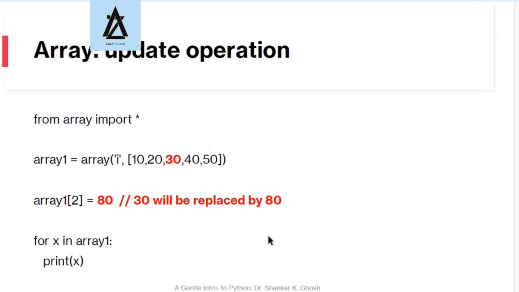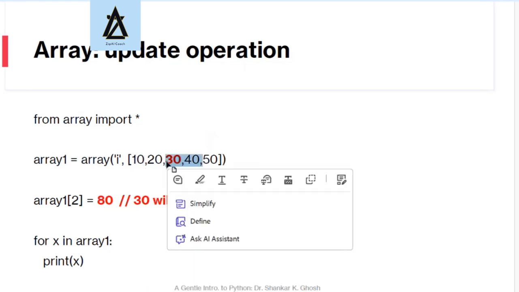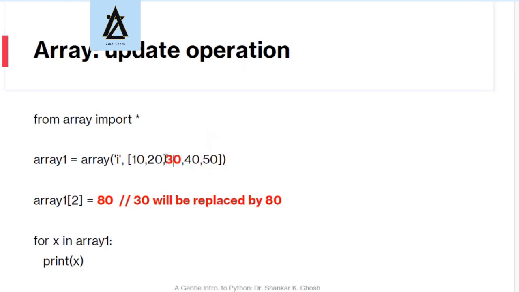Now there are other ways to update also. For example, if you write this statement, you want to replace the second element of the array using 8. This is the 0th element, this is first, this is second. So this second element is replaced by 8.